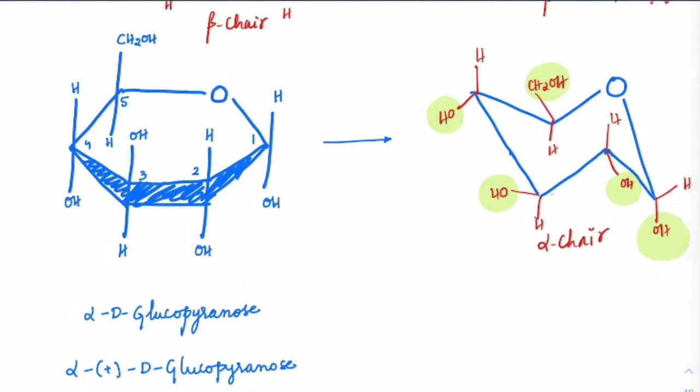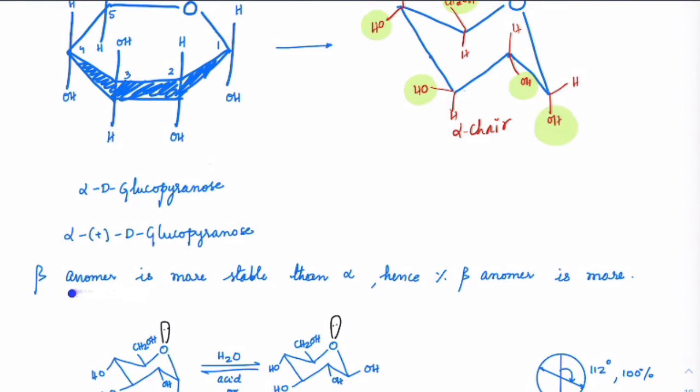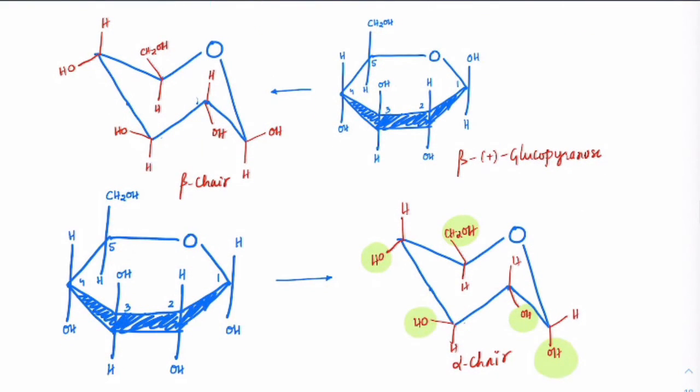That is why you will observe the beta anomer is more stable than the alpha anomer, which also justifies the percentage of beta. If you go back, we learned that beta was around 63.8%, and alpha was only 34%, right? So the chair forms help us understand them.